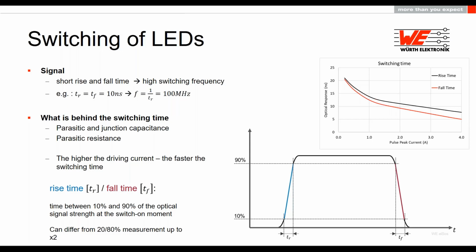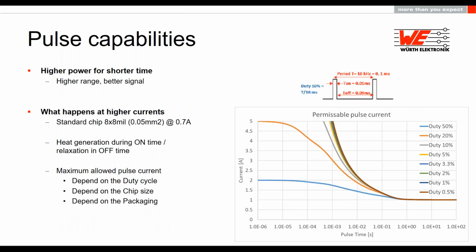Except for the switching of the LEDs, what is important is that we are also able to pulse the LEDs. Pulsing the LEDs means that we can go above the continuous current and use short pulses to extend the output power or the range of our LEDs even higher, even more than what we have.